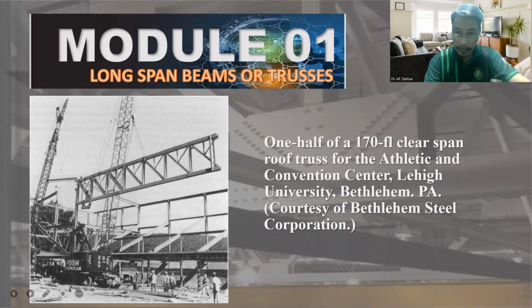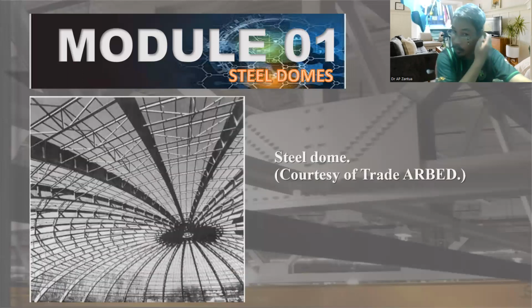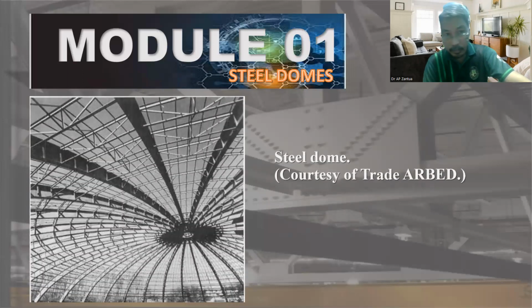So this is the Athletic and Convention Center, Lehigh University, Bethlehem, Pennsylvania. Okay, so Bethlehem Steel Corporation. So steel dome, dome shape. So instead of trusses, there are many components, elements creating what?